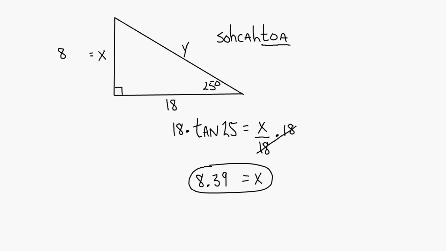How did you get that? The 18? Okay, you ready? 18 times 25 tan equals. Okay? Make sure your calculator is set to second fix 2 so that it rounds everything to 2 decimal places for you.